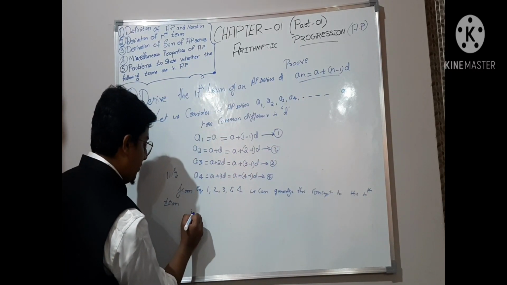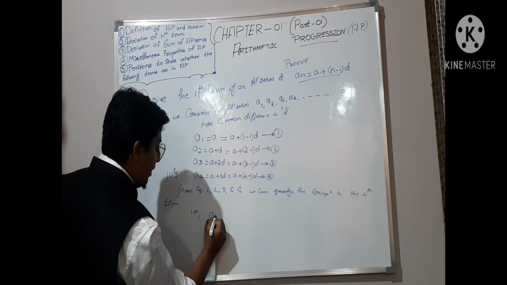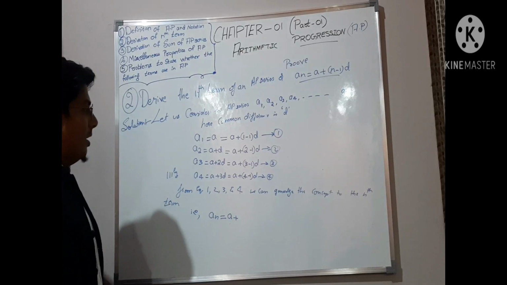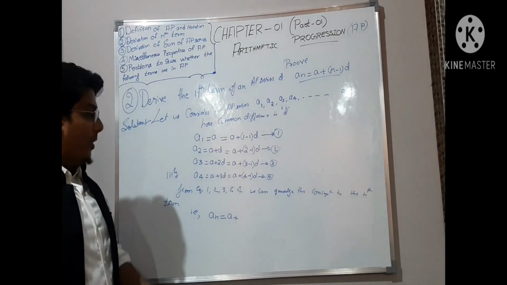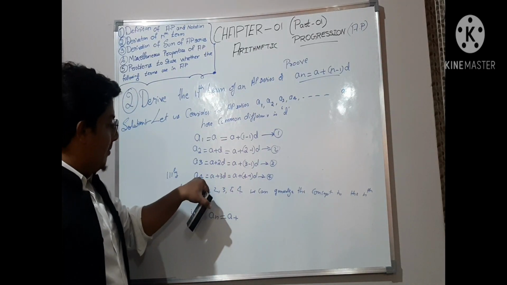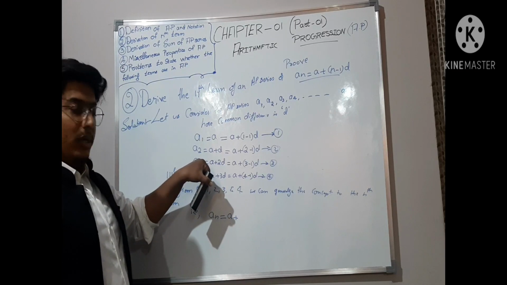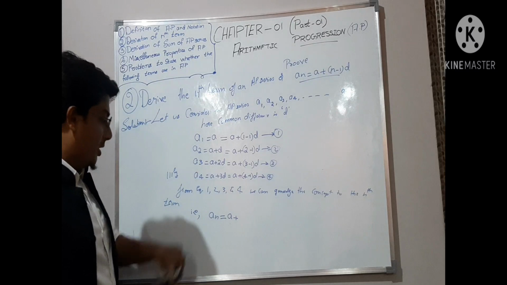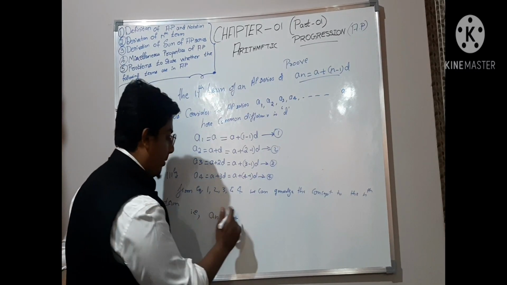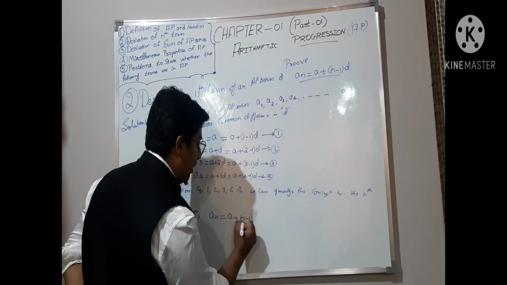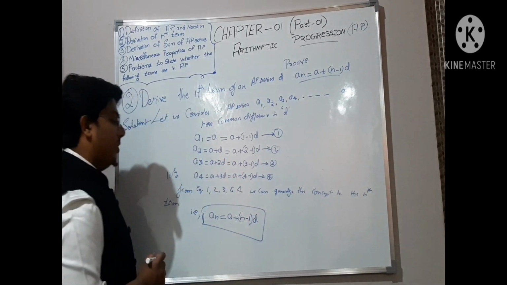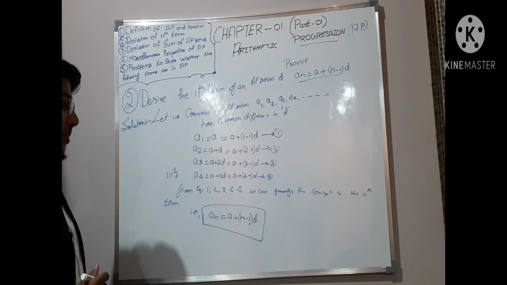That is, AN is equal to A. See, in every term the A remains constant, whereas the coefficient is 1 minus 1, 2 minus 1, 3 minus 1, 4 minus 1. Similarly, N minus 1 times D. So hence proved, AN is equal to A plus N minus 1 times D.